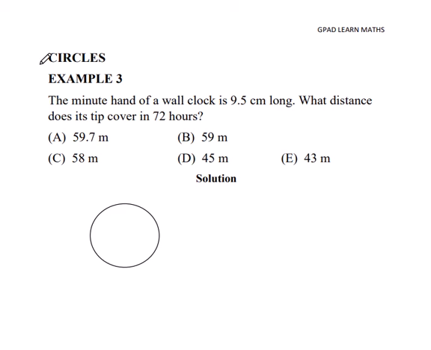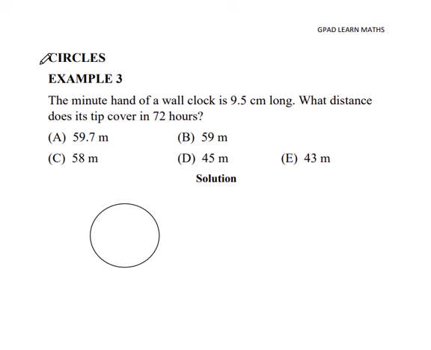Now I want you to know that the minute hand makes a complete cycle of 360 degrees in 60 minutes, to cover 1 hour. So if the minute hand goes round the clock, it makes 360 degrees, and it does this in 60 minutes, and this means that in 72 hours the minute hand would have gone around 72 times.